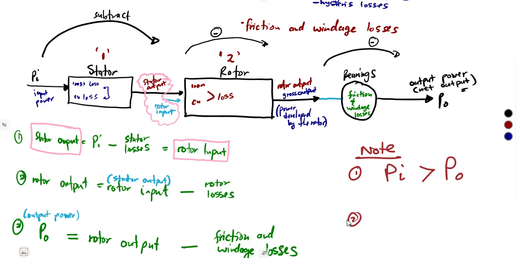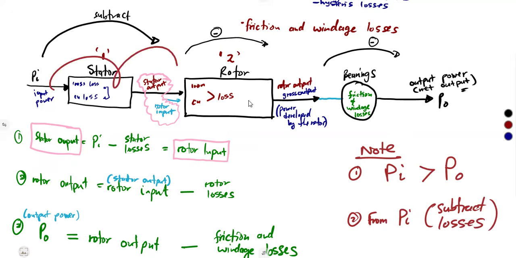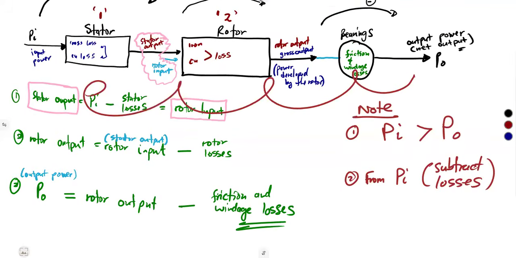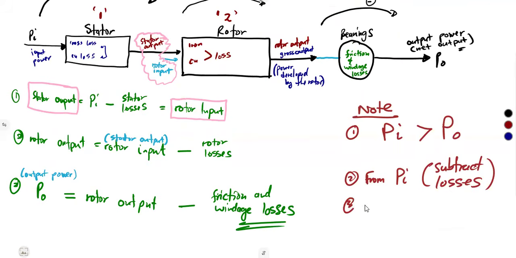So from the input, subtract losses. As you move from the input going this side, you'll be removing losses. But from the output, you must be adding the losses. So from P out, you add losses.